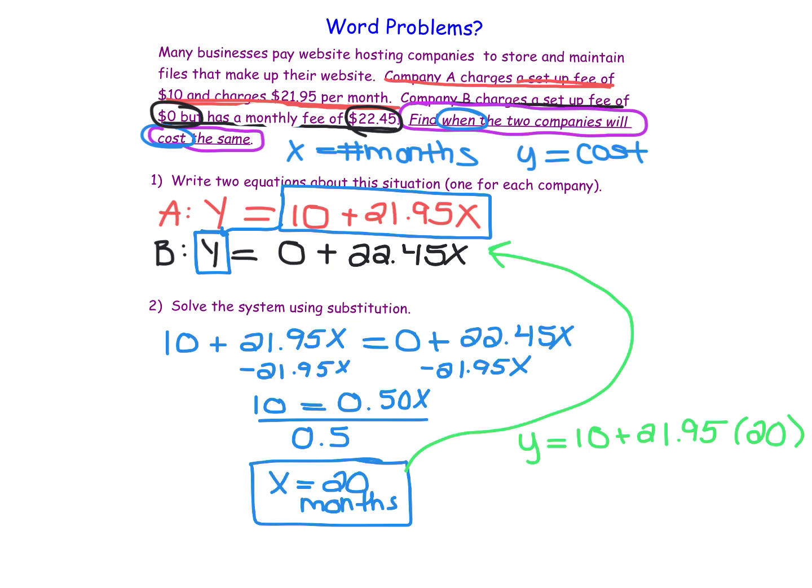So now if I multiply 21.95 times 20, I end up with 439. And I then add $10 to it, and I find that the cost at 20 months for both of these companies is $449.